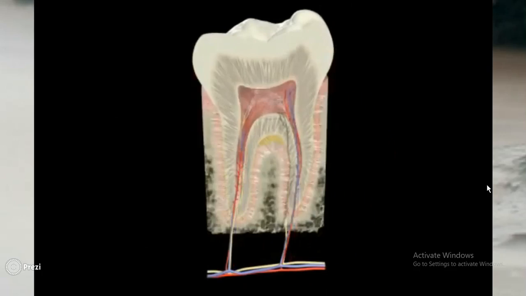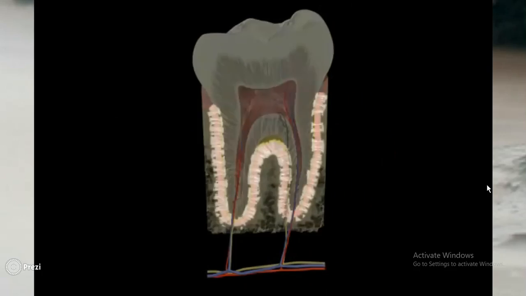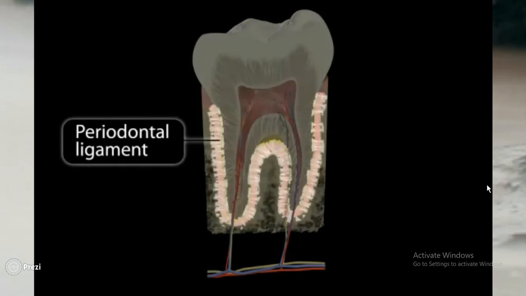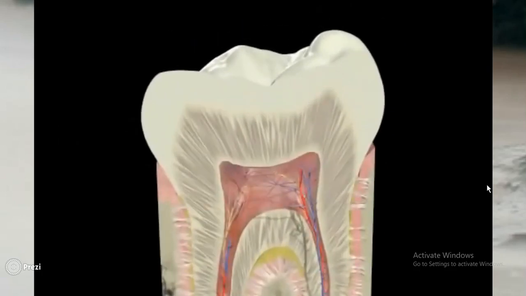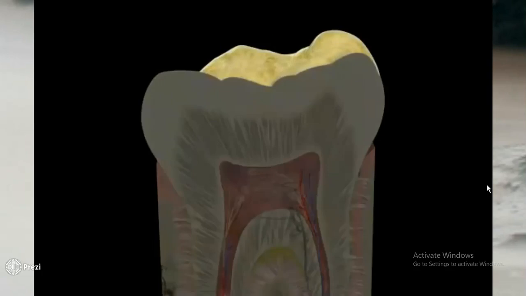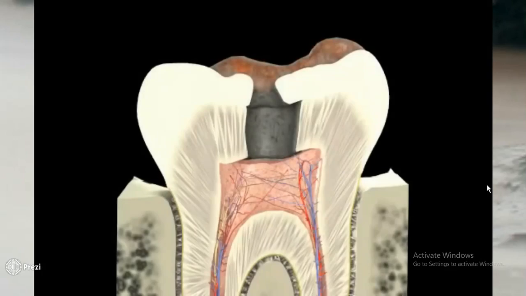Your tooth is attached to the jaw via a strong ligament, called the periodontal ligament. Bacteria are found in plaque, which is a byproduct of food and saliva. Plaque bacteria produce acid, which makes holes in the enamel that eventually reach the center of the tooth.